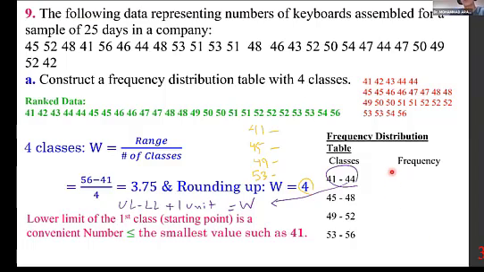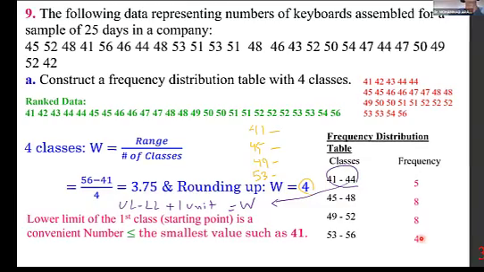Many times we just do the tally. In other words, for 41 we put a tick mark, and for 42 another one, and another one, and then we count them. Either way, come up with the proper frequency for each case. The first one is 5, and you can figure out the rest. So that is the frequency distribution table.